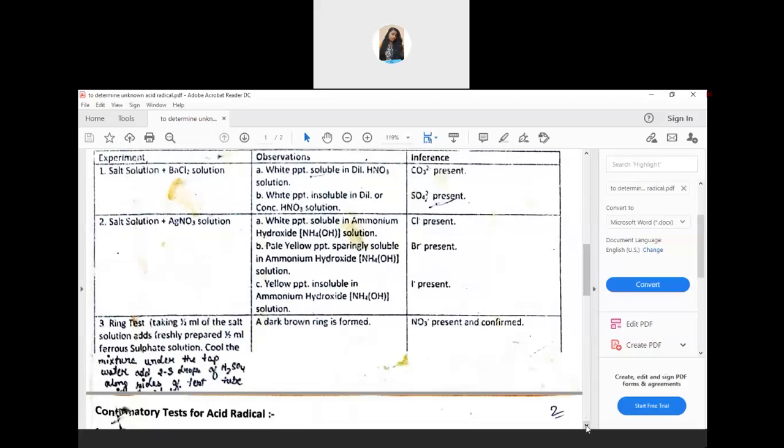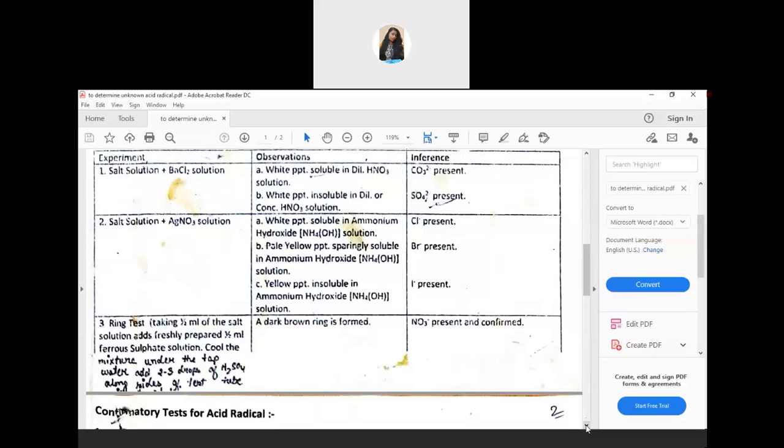You may get this solution in the laboratory. Take the salt solution in a test tube and next add ferrous sulfate solution. Next, cool the mixture under tap water and add 2 or 3 drops of H2SO4 along the side of the test tube.